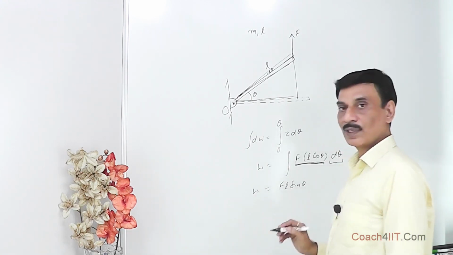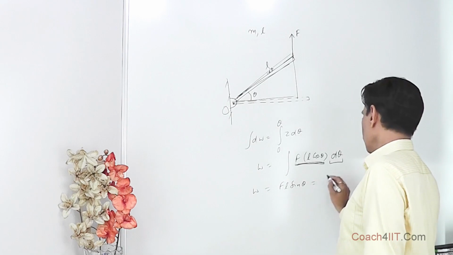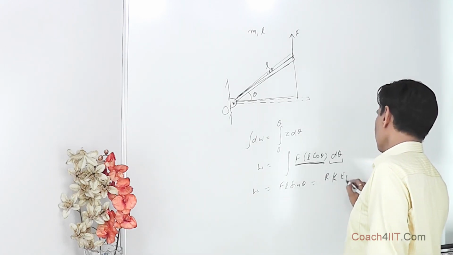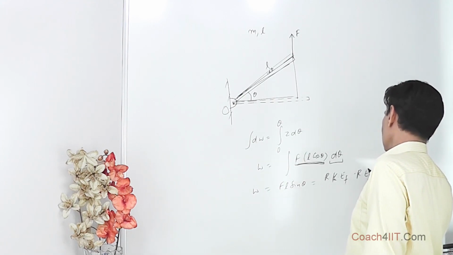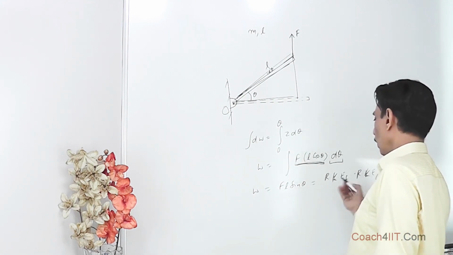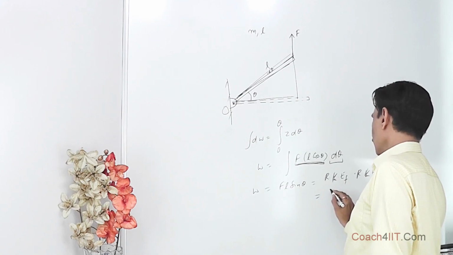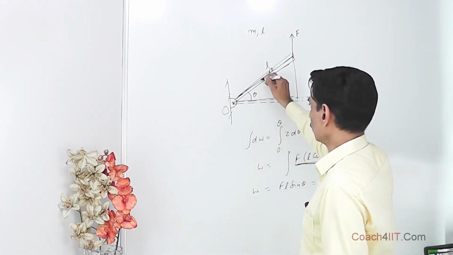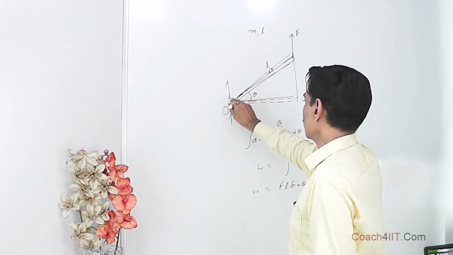So this is the work. Where will it go? It will go into changing the rotational kinetic energy, that is, final rotational kinetic energy minus initial rotational kinetic energy. What is the final rotational energy? It is half I omega squared. I about what? I about this end, not about the center.